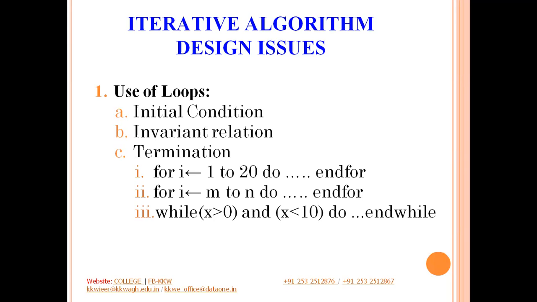You may also end up iterating inside the loop again and again, infinitely. So such statements like the third one, you should avoid writing inside your loop. Ideally, as a termination condition you should write loops such that it is very clear when the loop is going to terminate. So that was the first iterative algorithm design issue, which is the use of loops.